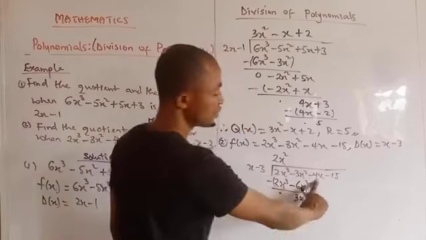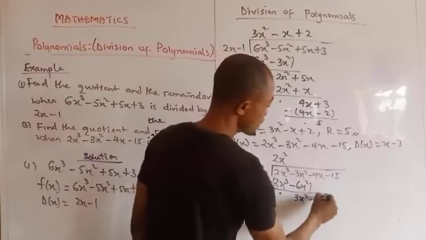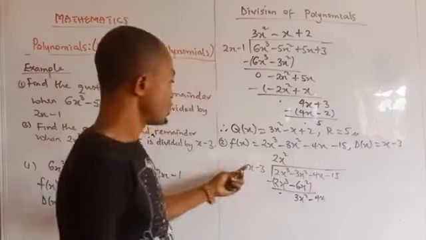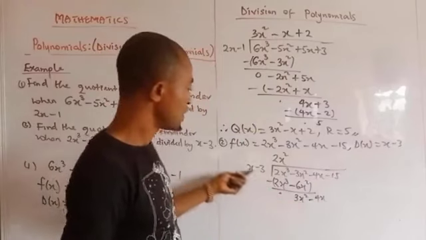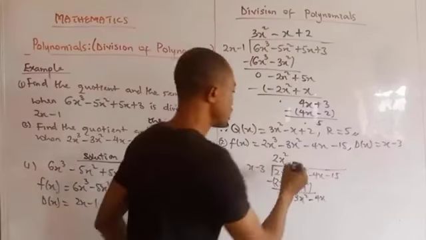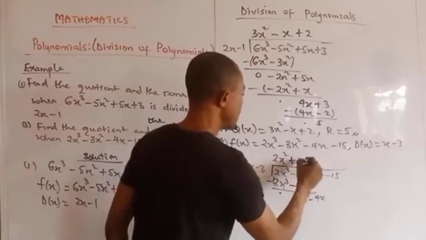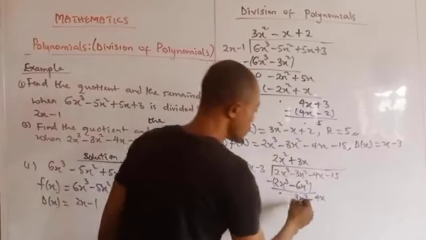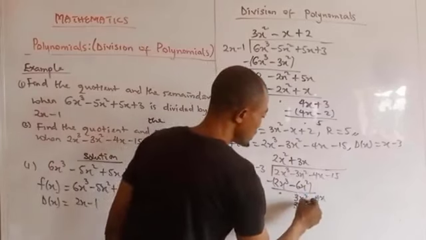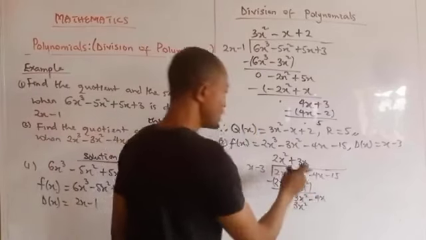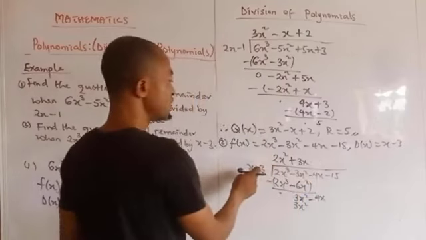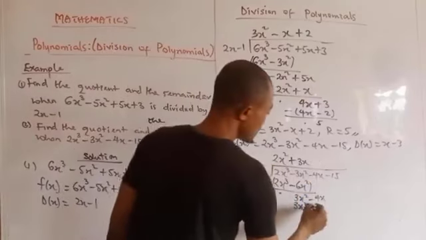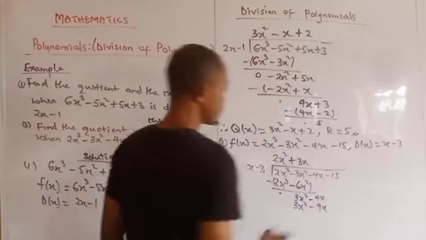Then we drag this negative 4x down. So again 3x squared divided by x will give us plus 3x. Then 3x multiplied by x will give us 3x squared, then 3x multiplied by negative 3 will give us negative 9x.